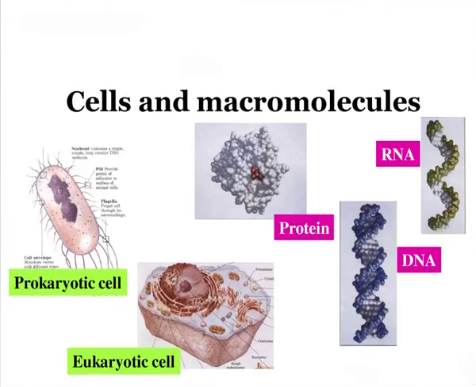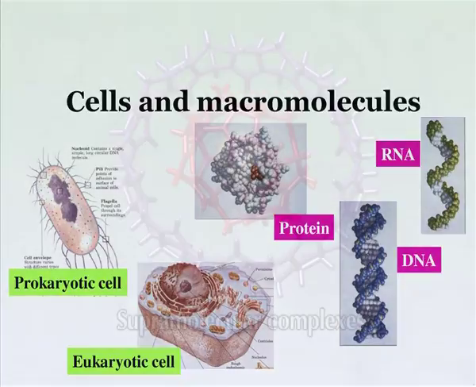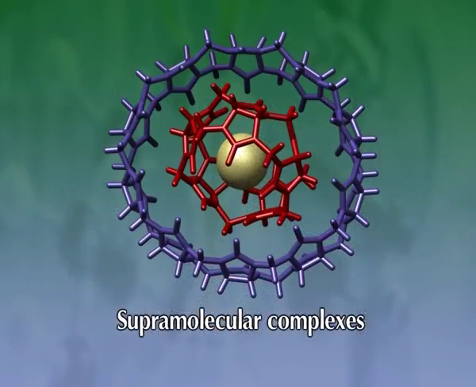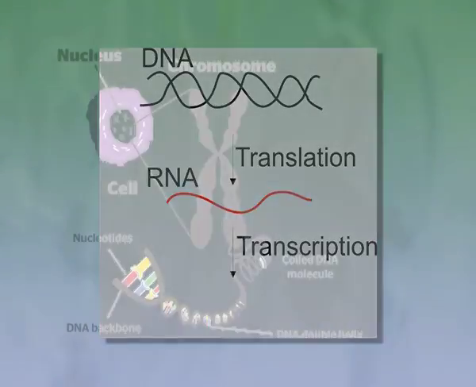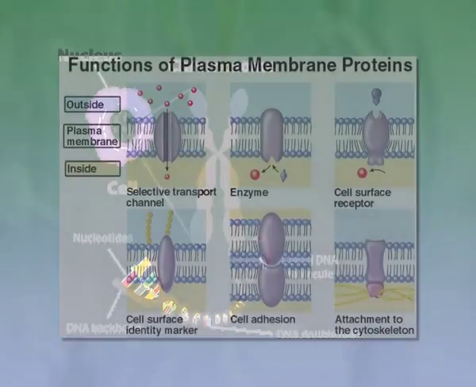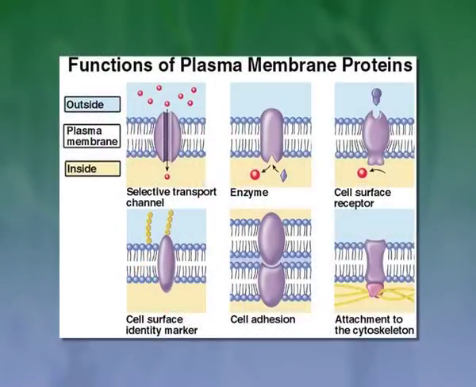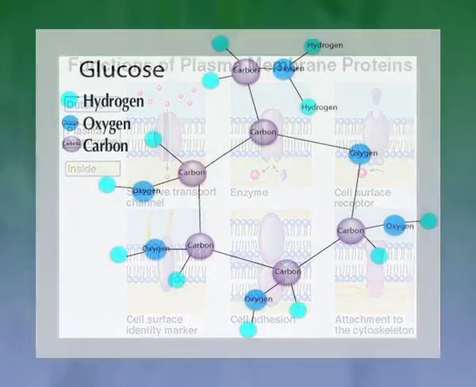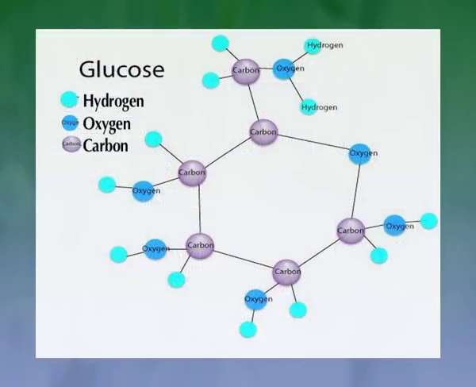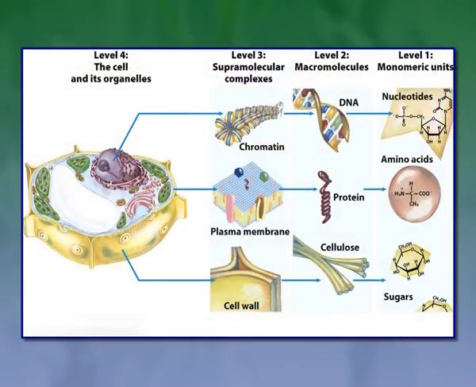Now, this DNA and RNA is the second level of organization of the macromolecules, and the third level includes supramolecular complexes like the organization of DNA and RNA into chromosomes, the organization of proteins into the plasma membrane, and the organization of individual glucose molecules into cellulose microfibrils which form the cell wall. All these level 3 structures organize themselves into the level 4, which is basically the cell and all its organelles.